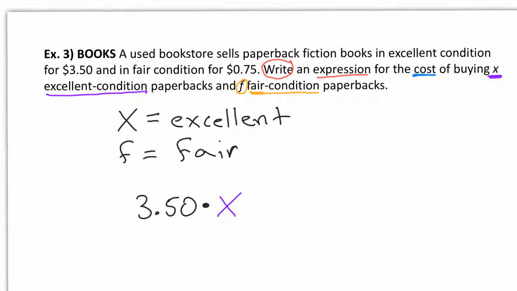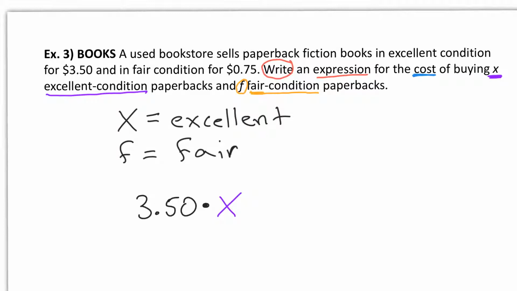So that's why we say X is a variable, because it varies. You can buy 3 books or 5 books or 10 books. So the number varies depending on how many books you're going to buy, and it can change at any time. But then you also need to know how many books in fair condition you are going to buy as well.